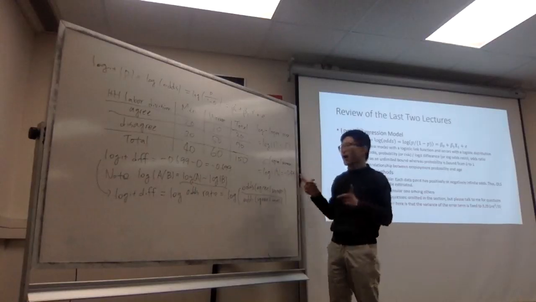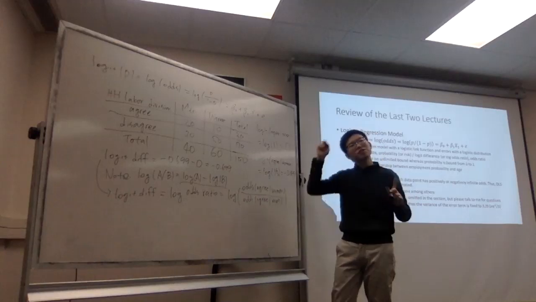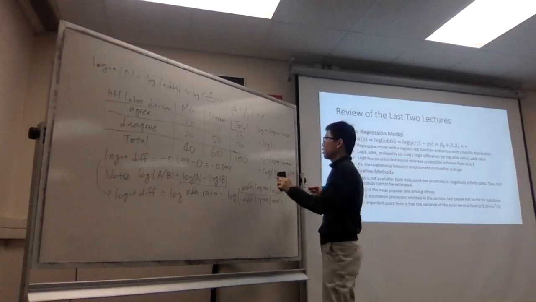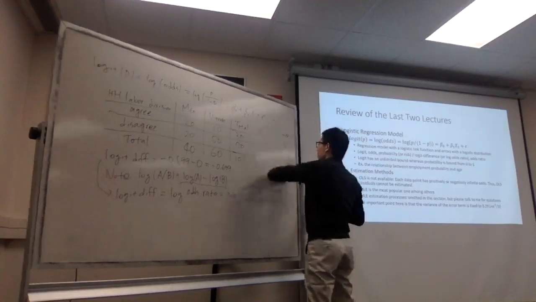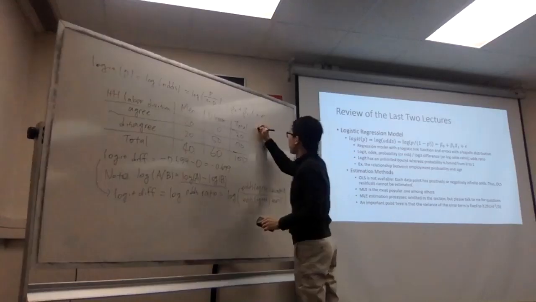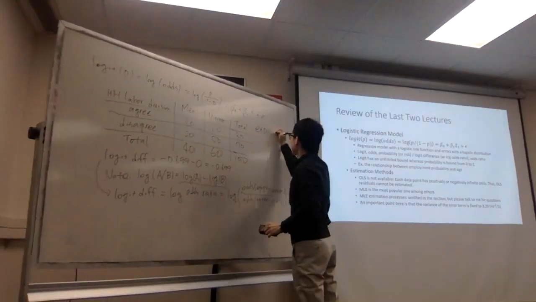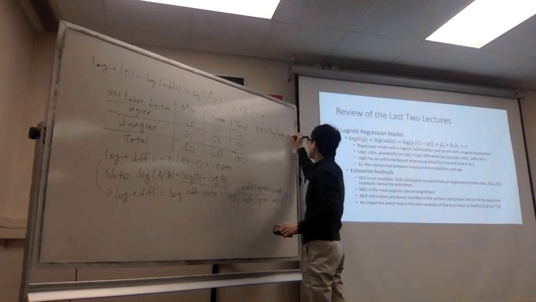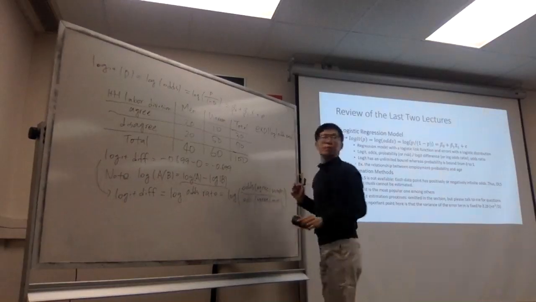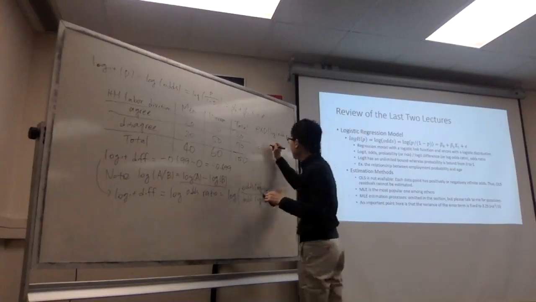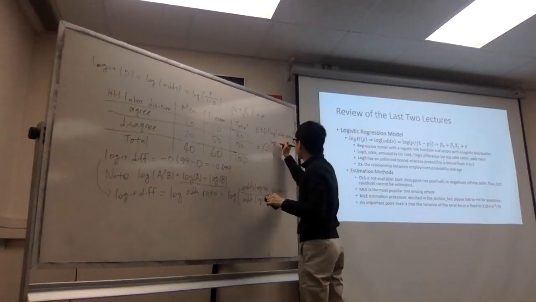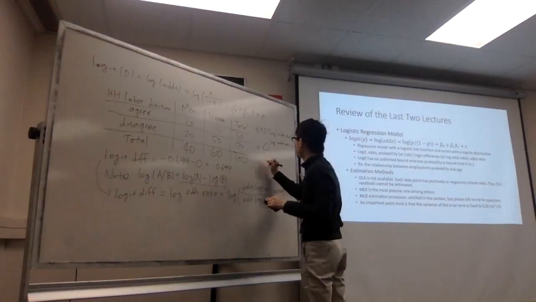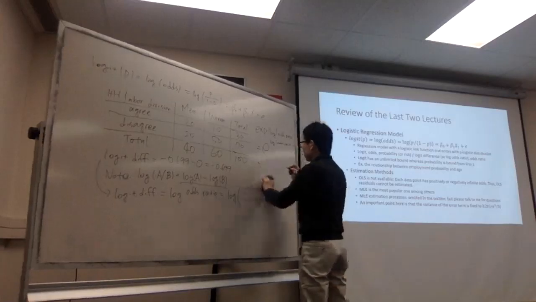If you exponentiate this log odds ratio, it is the same thing as e to the log of the odds ratio, which becomes the odds ratio.